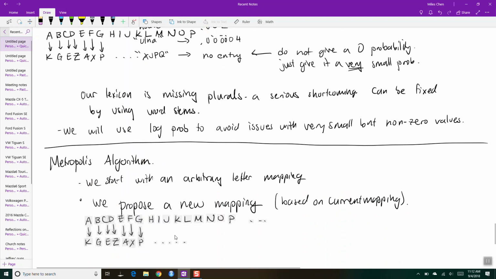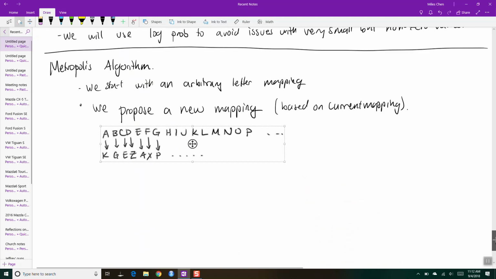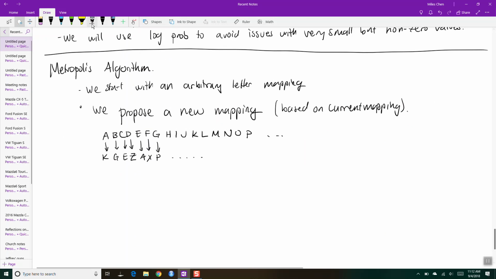So we propose a new mapping. This is our current mapping. And then the proposal is we say, here's a letter and here's a letter. We randomly select two letters to swap.